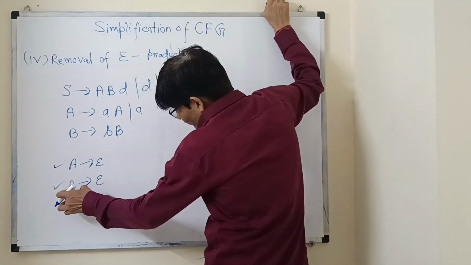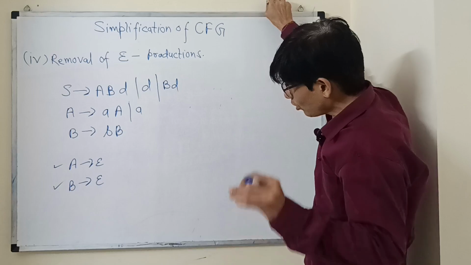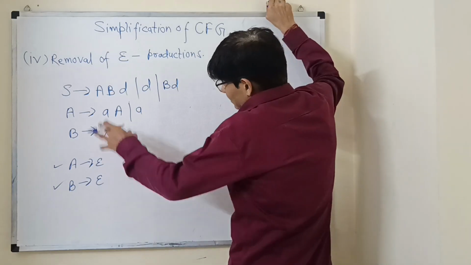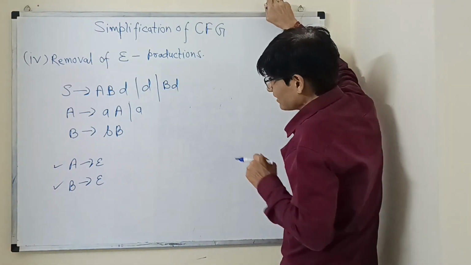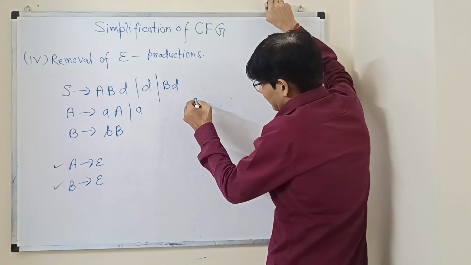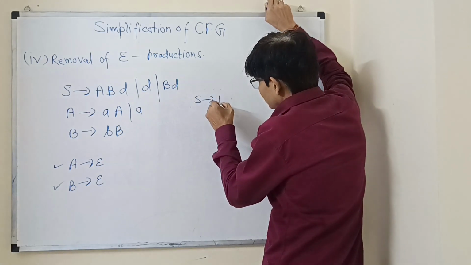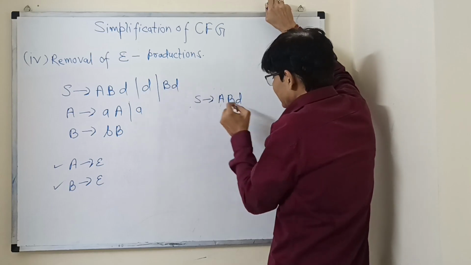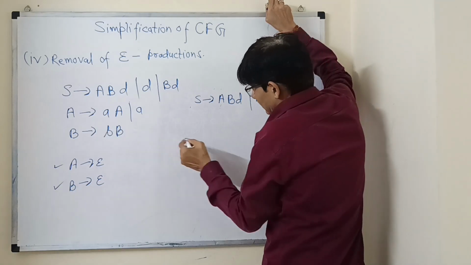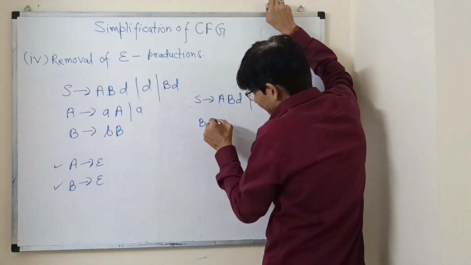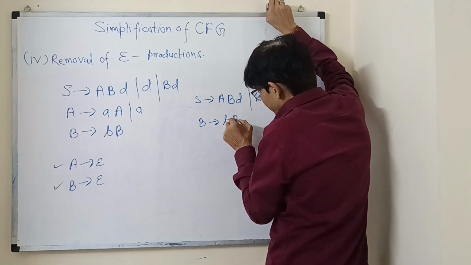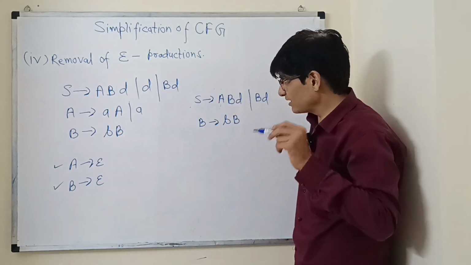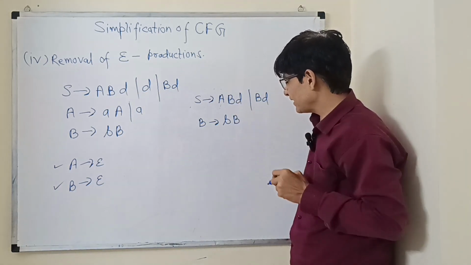Now we need to remove B gives epsilon. So search all the productions where B is in the right hand side. We have three productions where B is in the right hand side. One is S gives ABD, another is S gives BD, and one more is B gives bB.